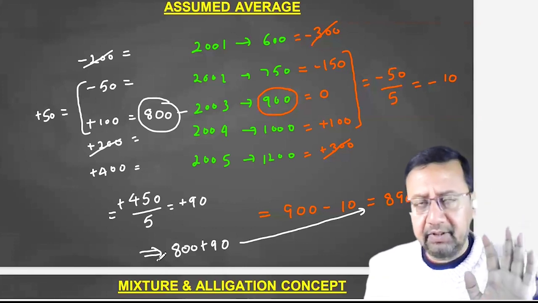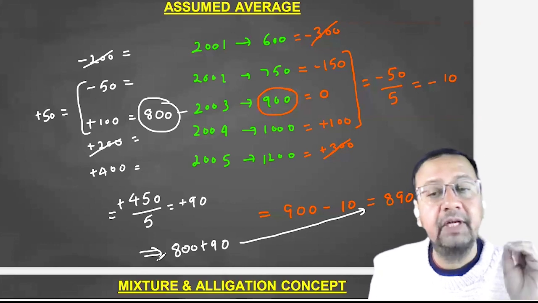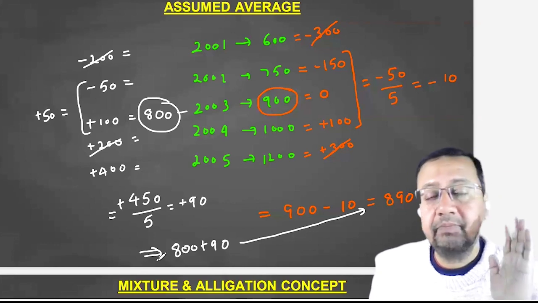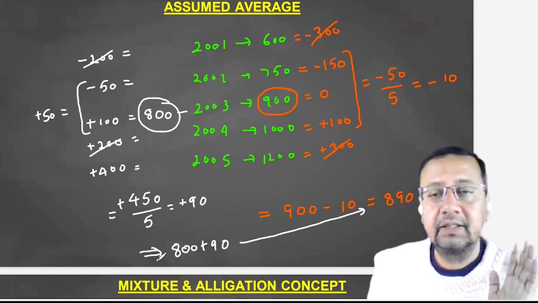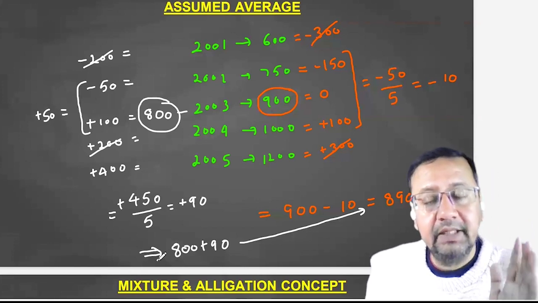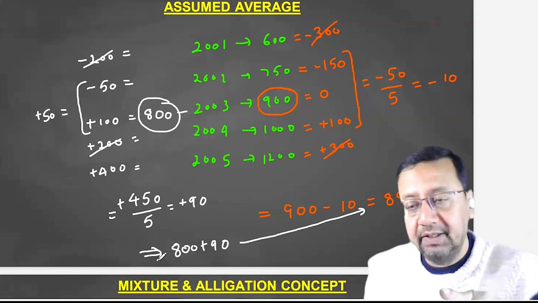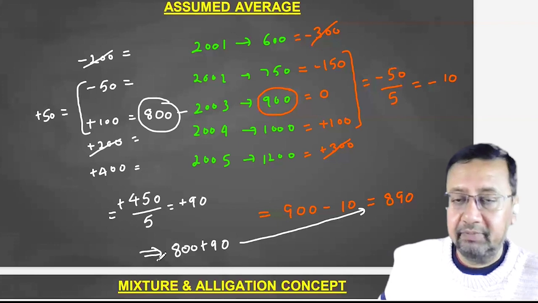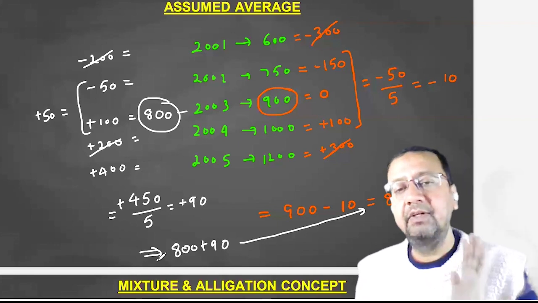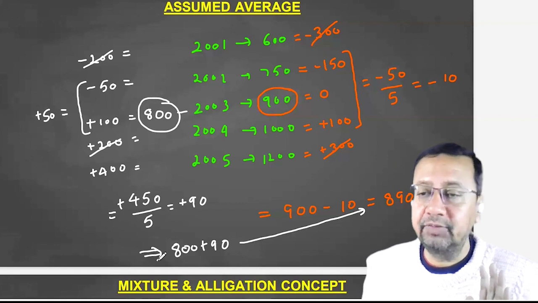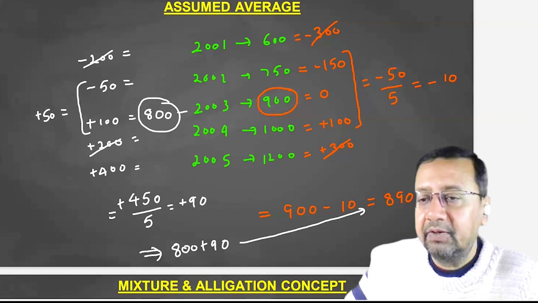But if you are going with the correct process, you will get the answer. But the purpose, the motive is what? That is minimizing the calculation, right? So getting a 0 or getting 100, minimizing is where? Getting a 0. So I prefer 900 to be the assumed average, right? Okay.